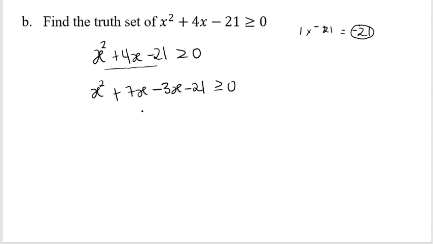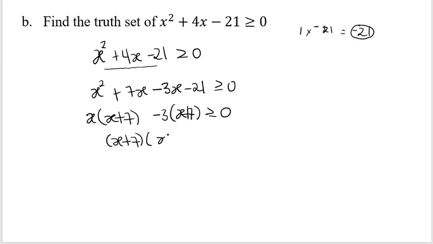That is how come you're having the 7 and the -3 here. So we take the first two, we factorize. We have x, and we're left with x plus 7, minus 3, and we have the same x plus 7. This is greater than or equal to 0. So this gives us x plus 7 and x minus 3.